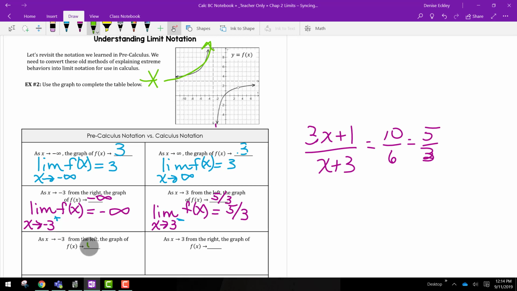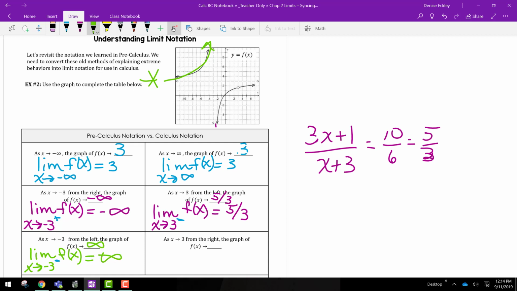So they're approaching infinity. They're unbounded. So we would say the limit as x approaches -3 from the left, so we put a little negative sign up there, of f of x is going to equal infinity.